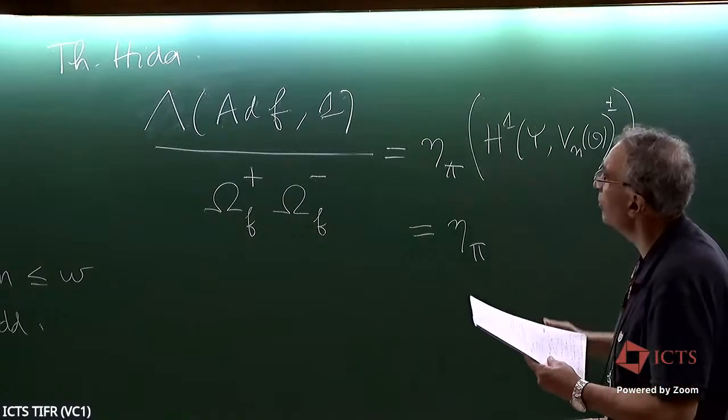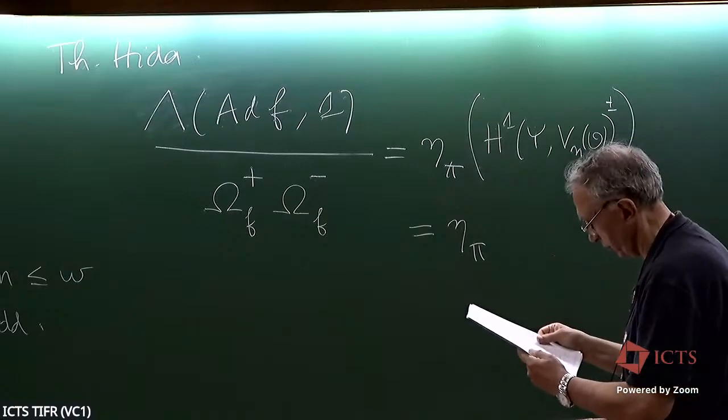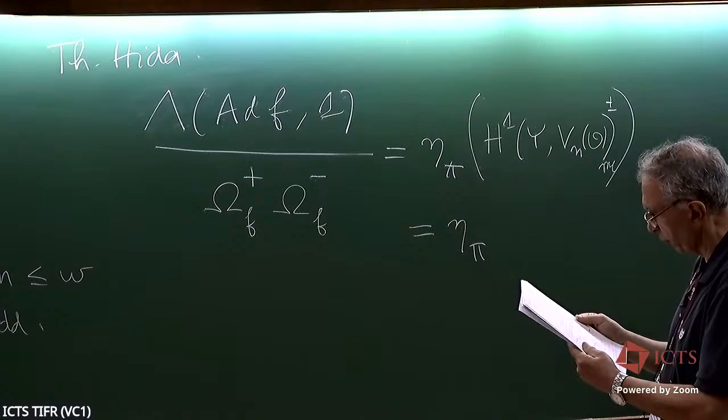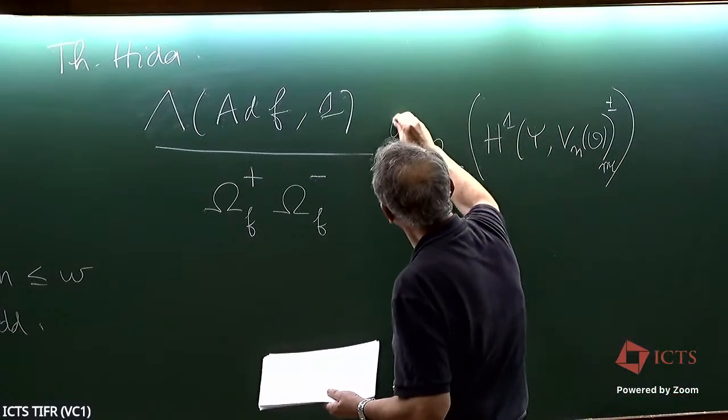So this is the theorem of Hida plus Wiles, saying that this is free of rank 1 over, well, of course, when I say that, it's up to unit, up to O cross.